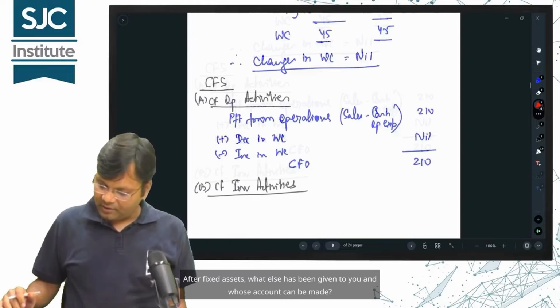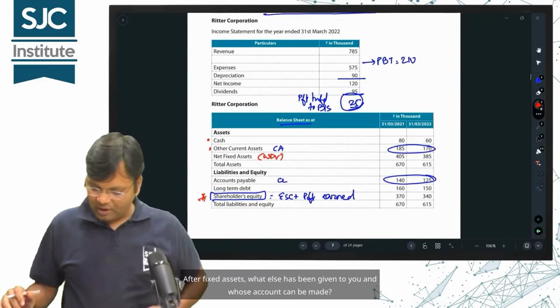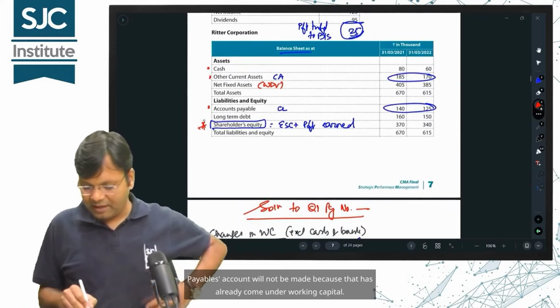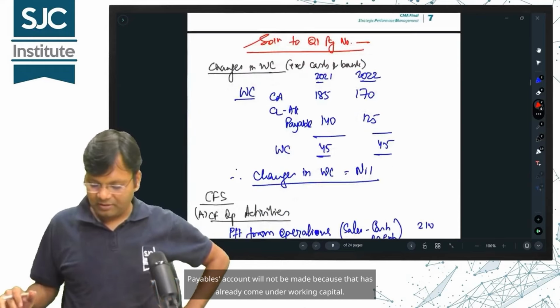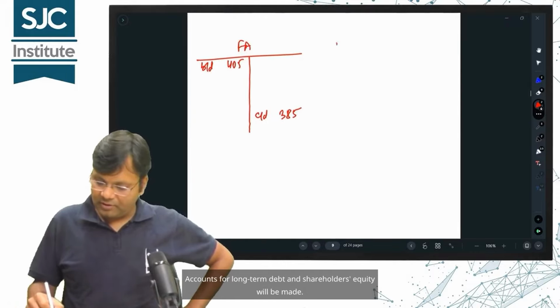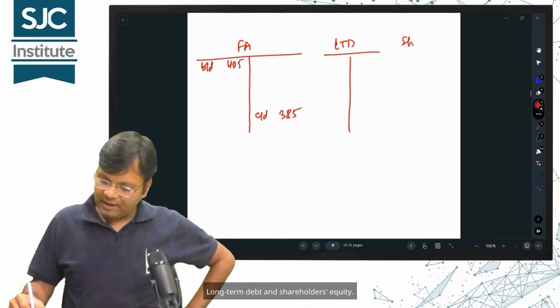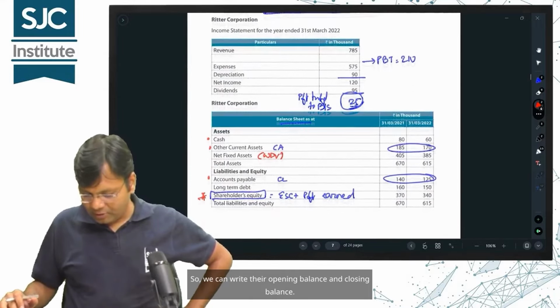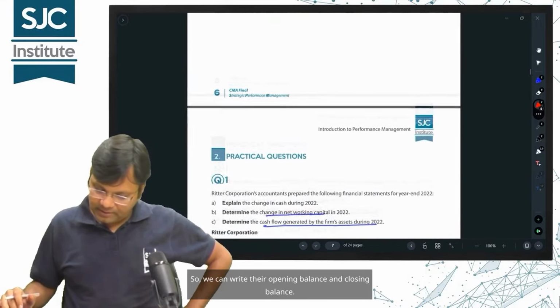After fixed assets, what else has been given to you and whose account can be made? Payables account will not be made because that has already come under working capital. Accounts for long-term debt and shareholders' equity will be made. Long-term debt and shareholders' equity. So, we can write their opening balance and closing balance.